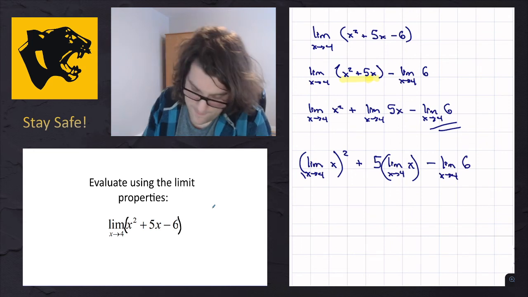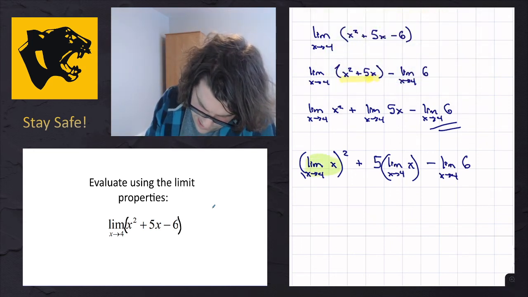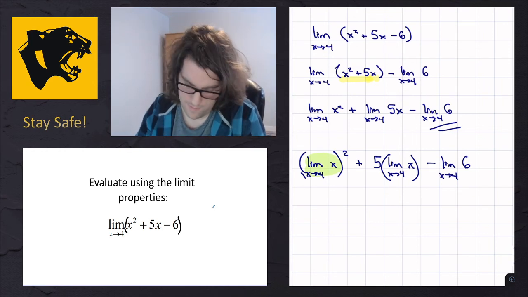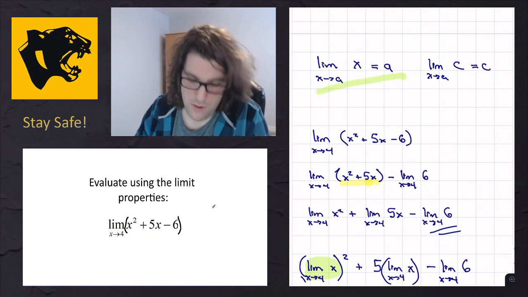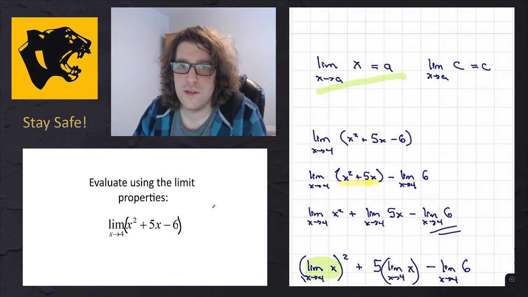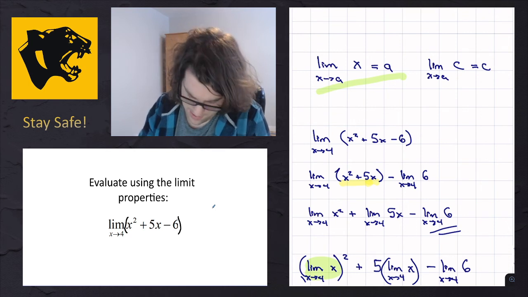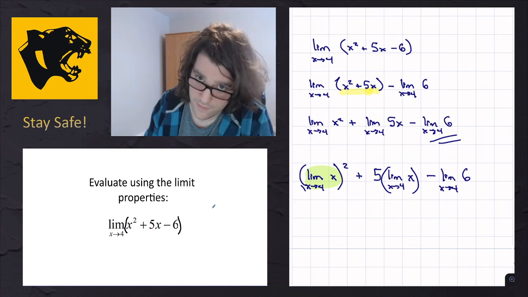First one, this one right here. The idea with that is we just said right here what happens in that case. The limit as x approaches a of x is a. The limit as x approaches 4 of x is 4.